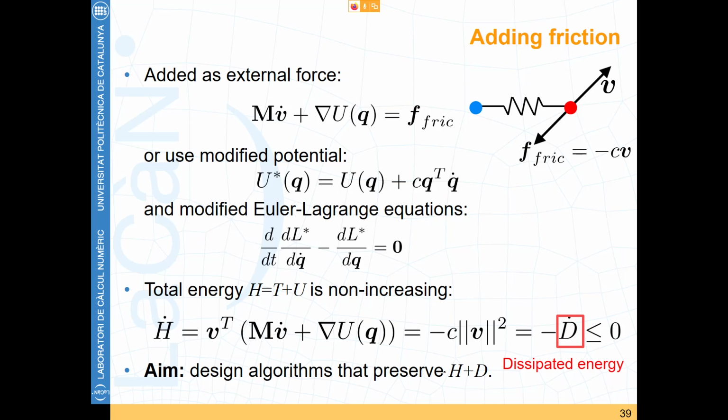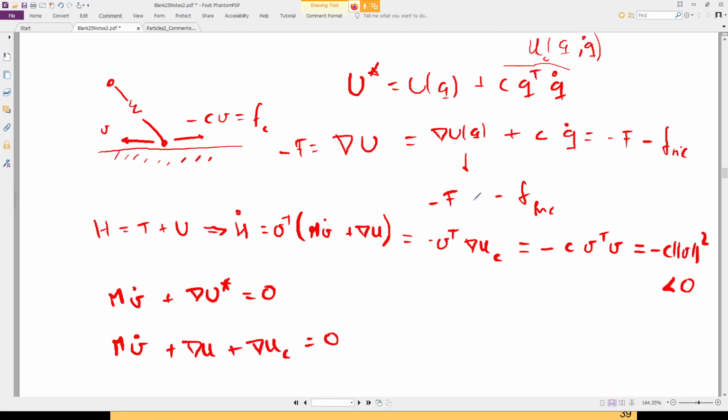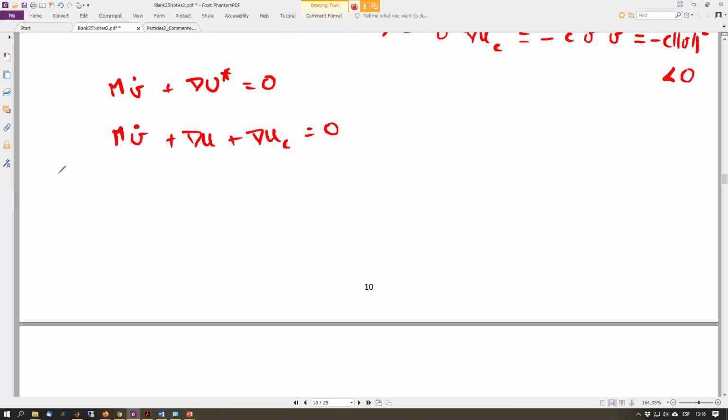The algorithms that we can design are those that preserve the energy as we had before, plus this quantity here. If we now use an energy-momentum method, then we would use the discretized gradient, and it makes sense to use a discretization of the velocity such that our dissipated energy at time n plus 1 is equal to the dissipated energy at t n.